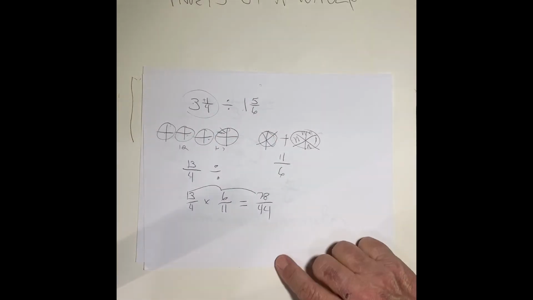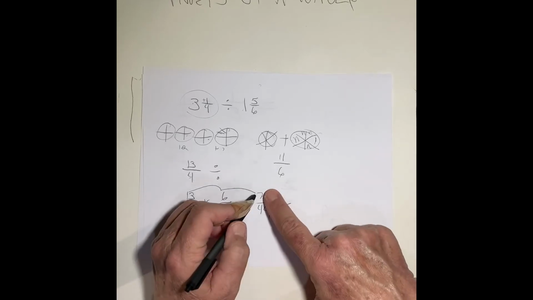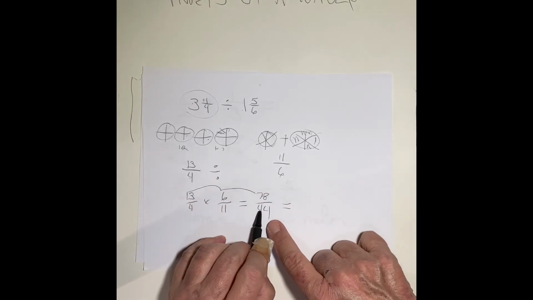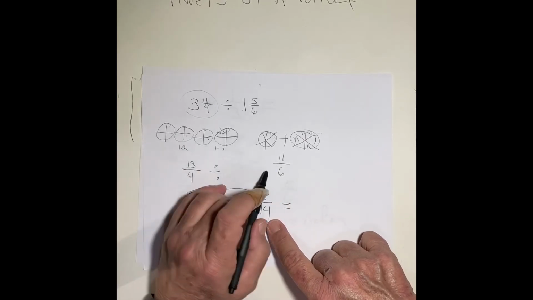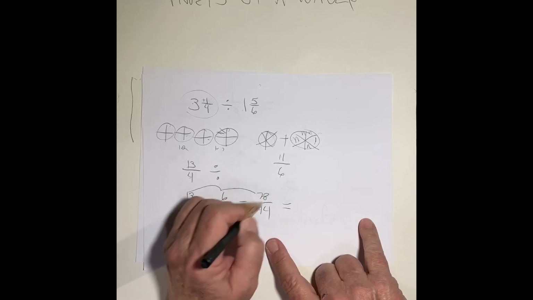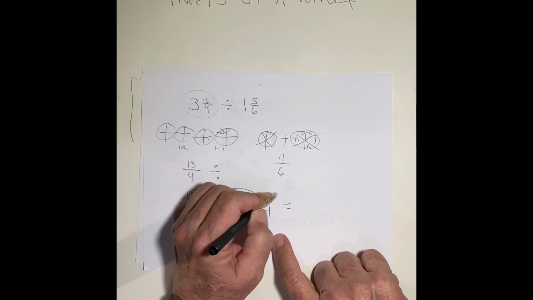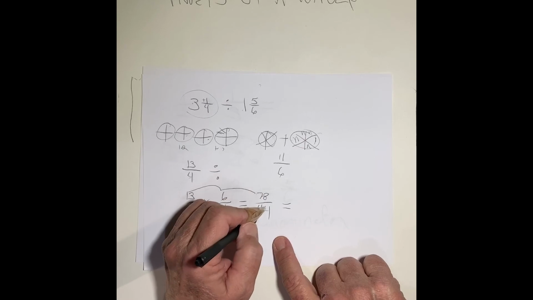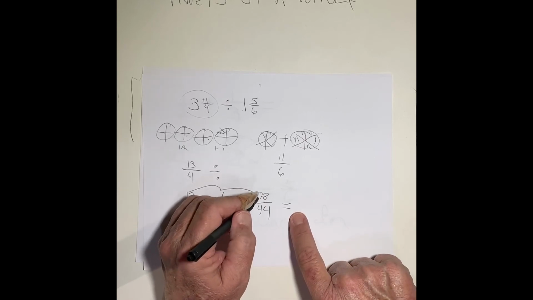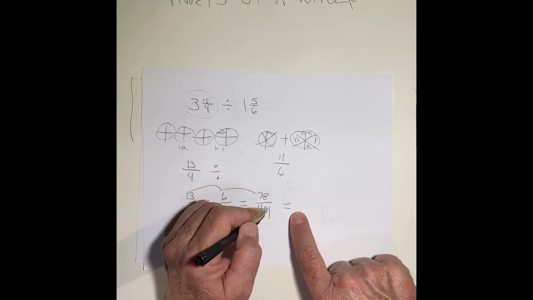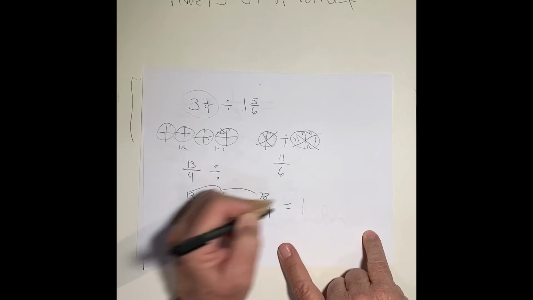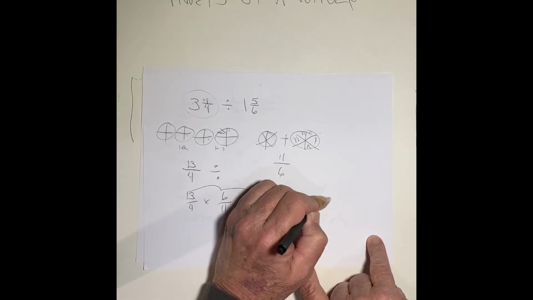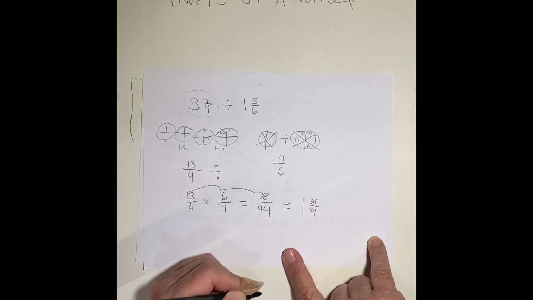And the way I would do that is, this is 78 over 44. How many pieces does it take to make a whole pizza? Well, that pizza is going to have 44 slices. So I've got 78. Taking out 44 is going to leave me, what, 34? Is that right? So I'm going to have 1 whole pizza and 34 out of 44 slices.